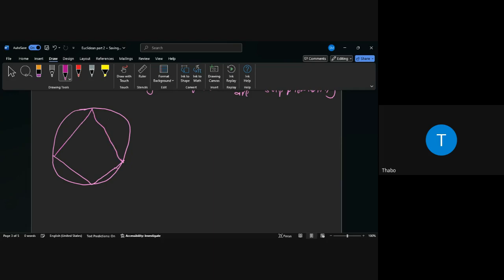Now, by the way, guys, as long as it has one of the properties, it doesn't have to have all the properties. If you can prove only one property, either that the opposite interior angles are supplementary, or that the exterior angle is equal to the opposite interior angle, you are done. You just have to prove one property.